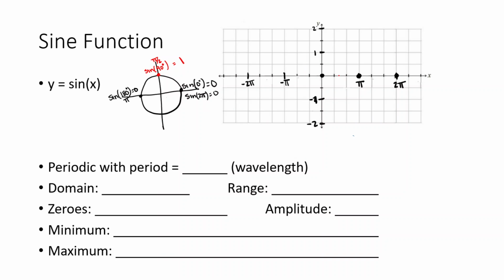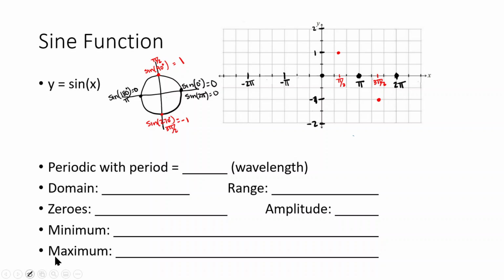So I'll mark that point. This would be pi halves, and I'll put that here. And at the bottom of the circle, we're at 270 degrees, or 3 pi halves. It'll equal -1. So that'll be right here.